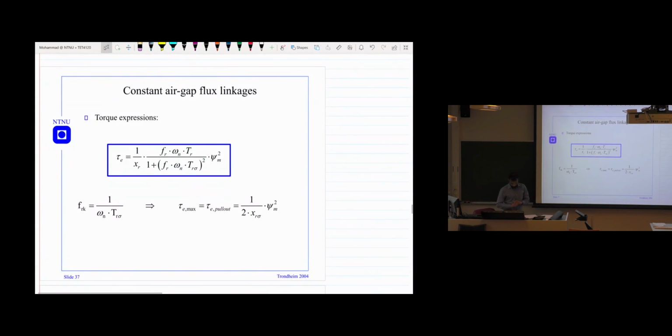And another method can be the rotor air gap flux control, keeping the air gap flux constant. If you derive the torque characterization, if you find the relation between the air gap flux linkage and the torque, you'll see it is similar to the previous equation. And if you draw it, you'll also see similar torque characteristics, like the one you have seen for the other one, Fr and the torque.